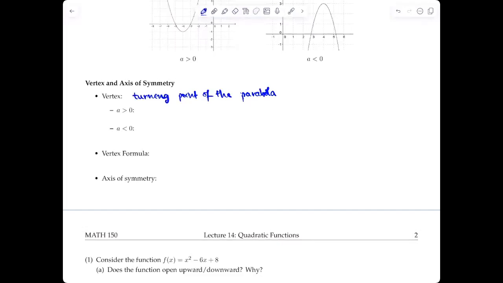When a is less than 0, you have the parabola opening downward and the vertex is a maximum. So when a is greater than 0, the parabola opens upward, and the vertex is a minimum.